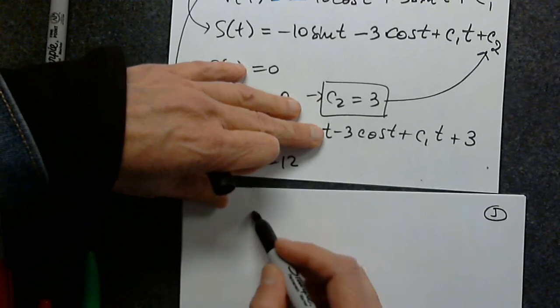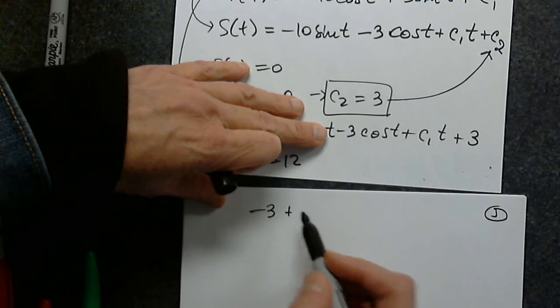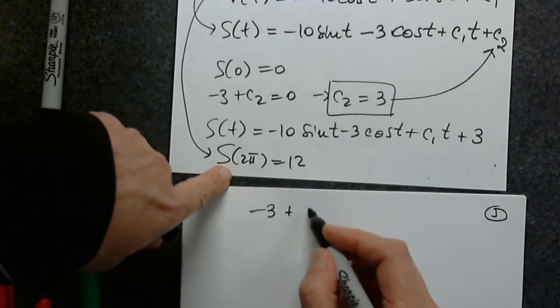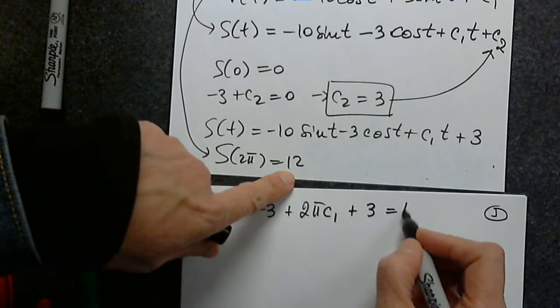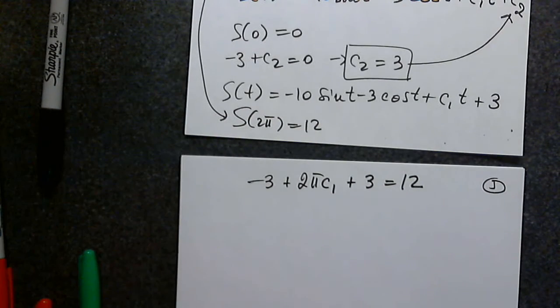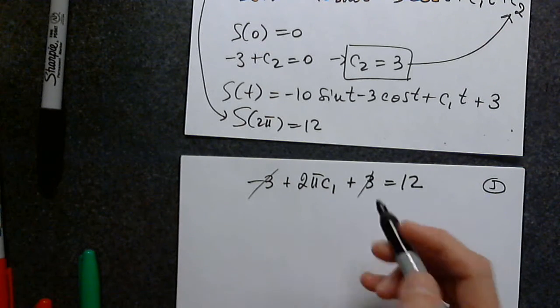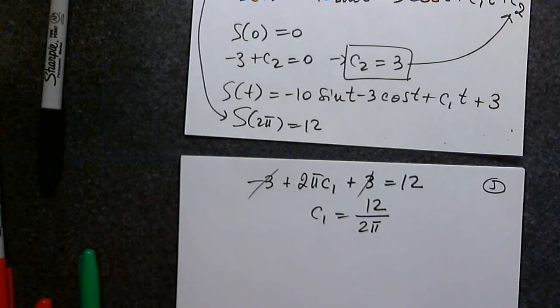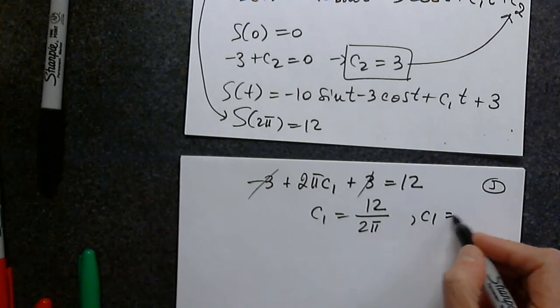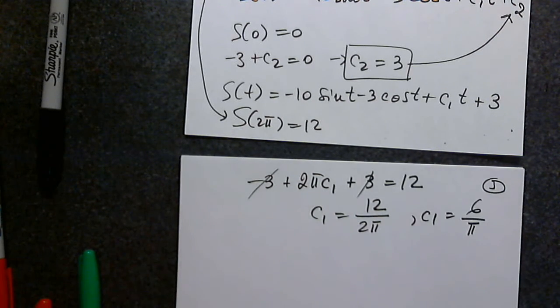Times negative 3 plus 2 pi C1 plus 3 equals 12. So it's 2 pi C1 equals 12 minus... C1 equals 12 divided by 2 pi. That's okay. So C1 equals 6 over pi.